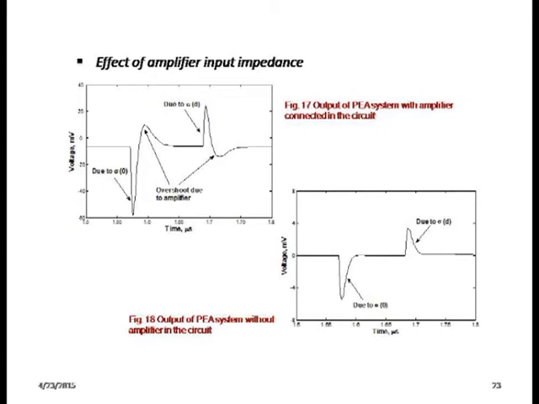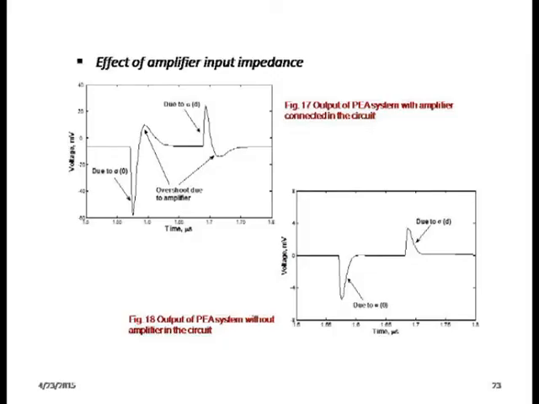Finally they could understand that it is due to the effect of the amplifier. The amplifier's impulse response is causing some distortion in the results, or the original signal is getting convolved with the amplifier's impulse response. So what we need to do is deconvolve the signal and obtain the original signal.